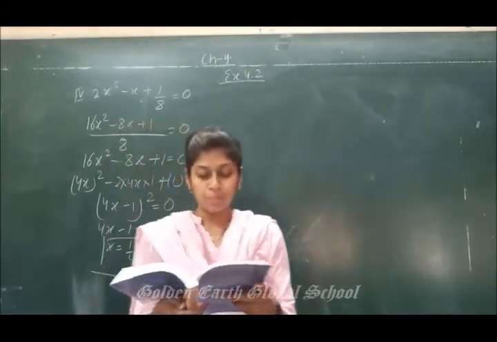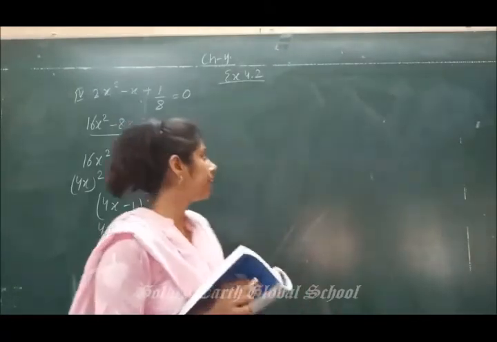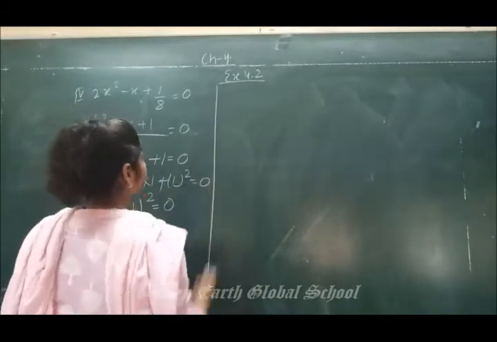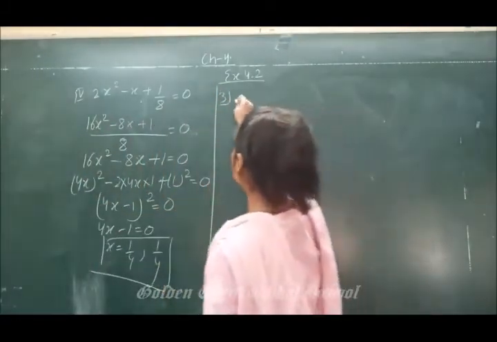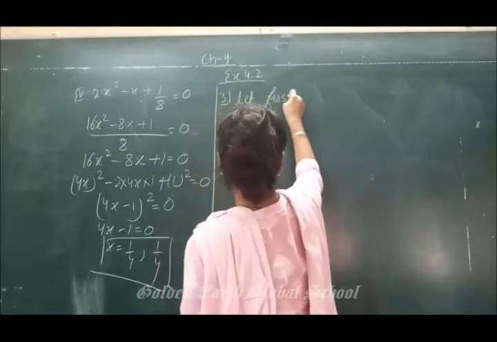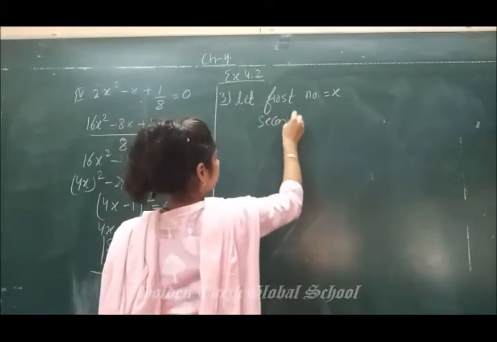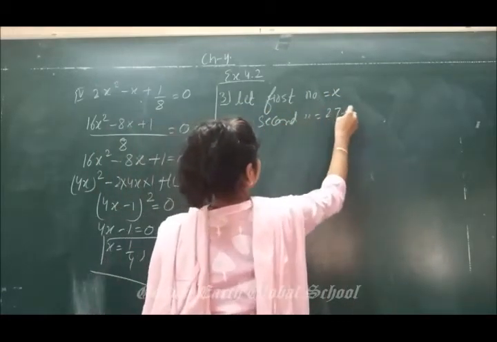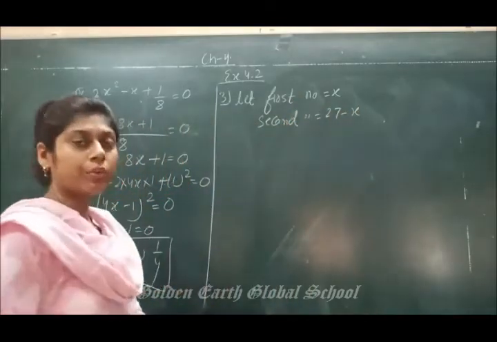Find the two numbers whose sum is 27 and product is 182. Let the two numbers, sum is 27, let the first number be x, then the second number is 27 minus x, because the sum of two numbers is 27.